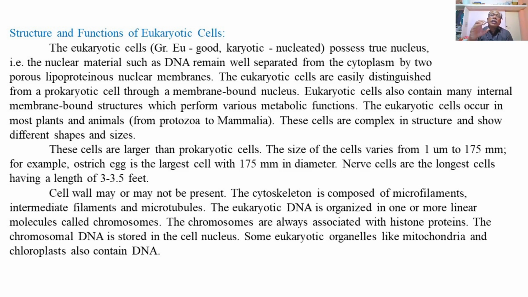So, other than nuclear DNA or the nuclear chromosomes, cytoplasmic organelles of the eukaryotic cells such as mitochondria and the chloroplast contain their own DNA, which helps them to perform certain important functions of metabolism.